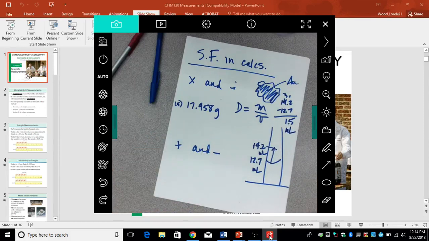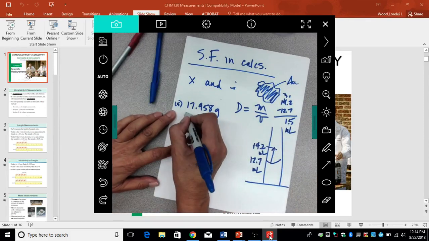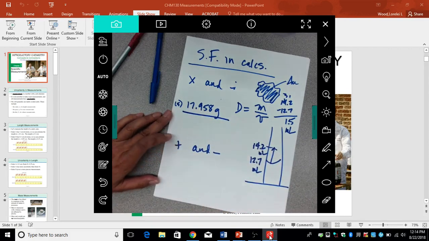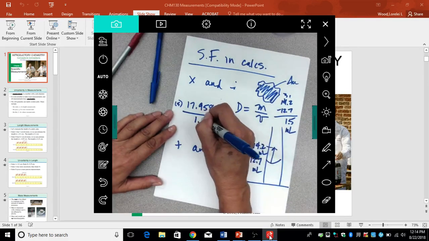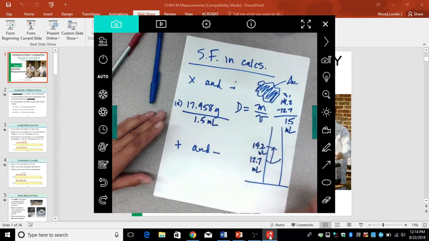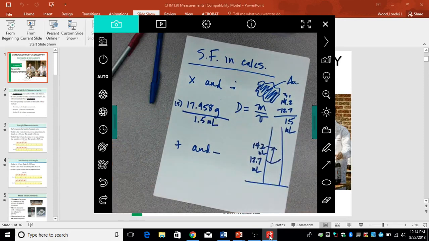So if I'm using the density formula, I'm going to take my 17.958 grams and I'm going to divide it by the 1.5 milliliters. All right, now we've got 2 levels of significant figures. The first number on the top, my mass, is 17.958 grams. That has how many sig figs? The bottom number, 1.5 milliliters, has how many sig figs? 2.